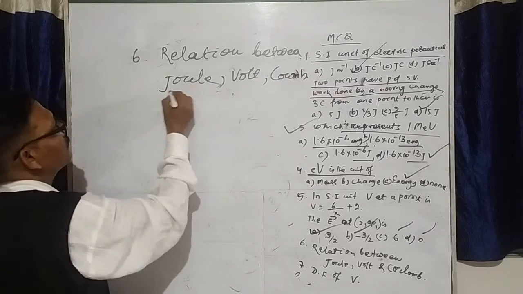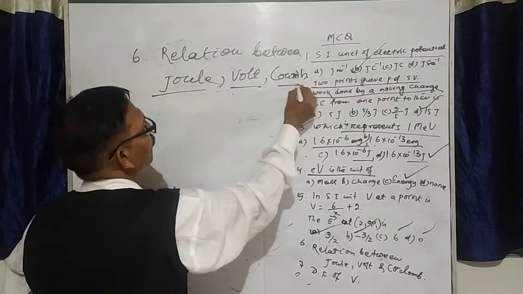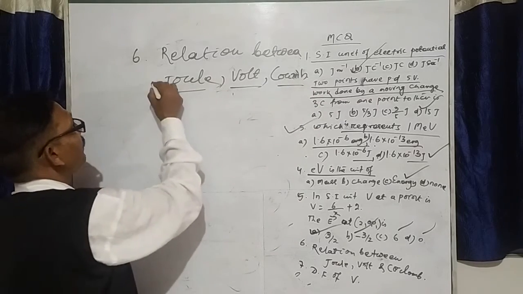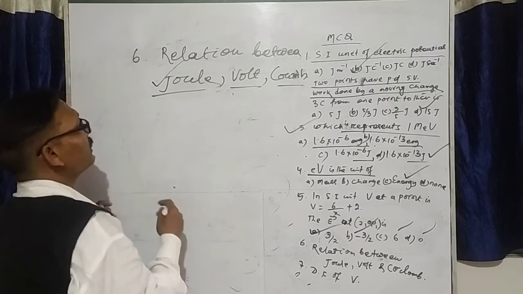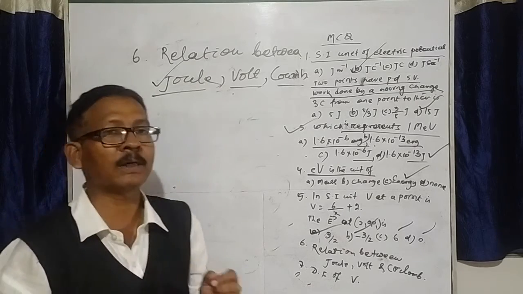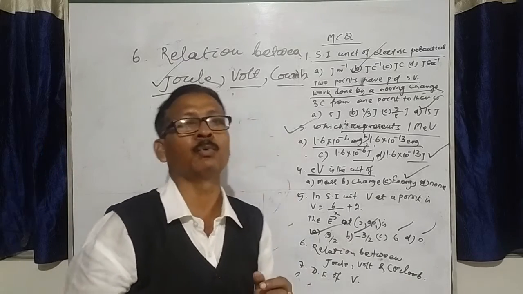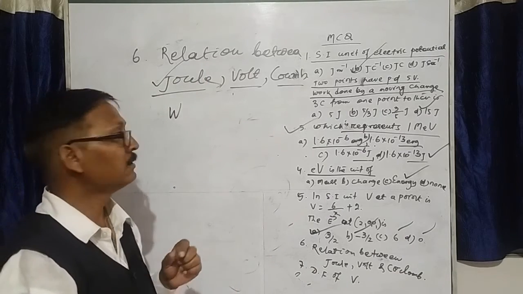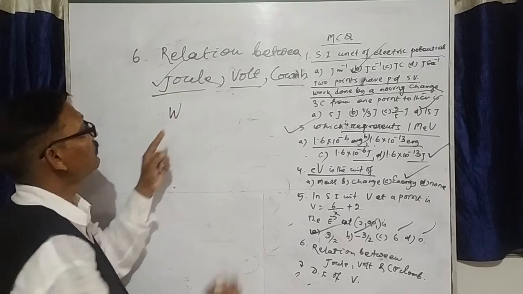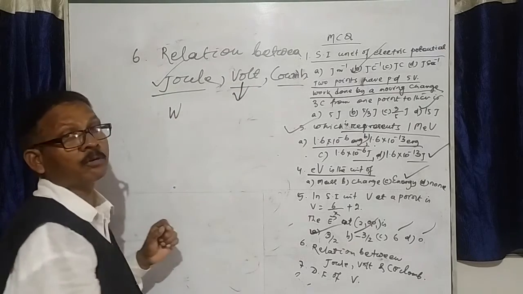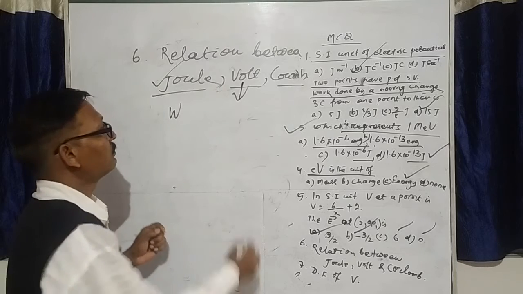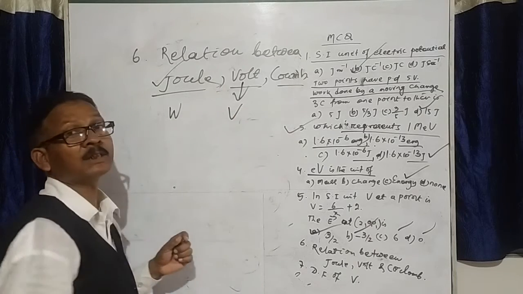Okay, you see joule, volt, coulomb. What is the relation between these three? You have to know: joule means name the physical quantity whose SI unit is joule. You know, work done, energy, the unit is joule. You see volt, which physical quantity has the unit volt? That is your potential or potential difference.